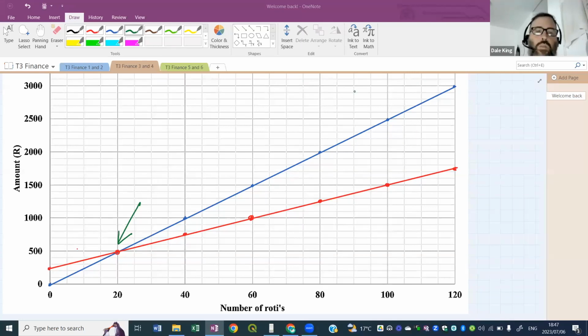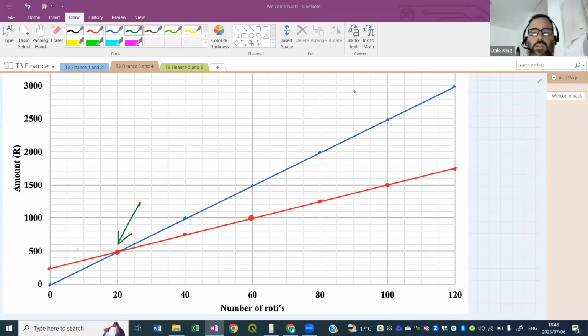And as a business person, you want to know where this is. Because as a person who's selling items, if you know how many items you need to sell before you start making profit, then you know you've got to make more items above that number to really make profit in your business. So it looks like the break-even point for Hein's business is 20 rotis.